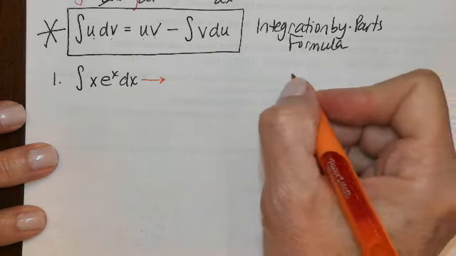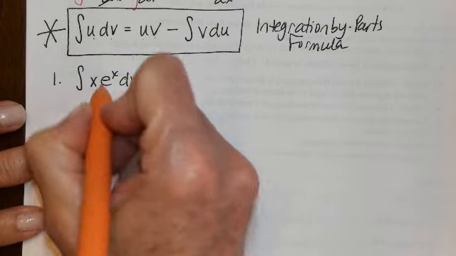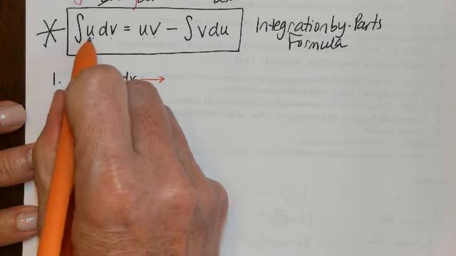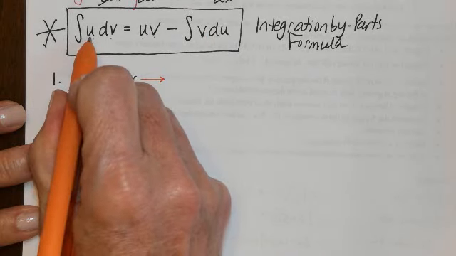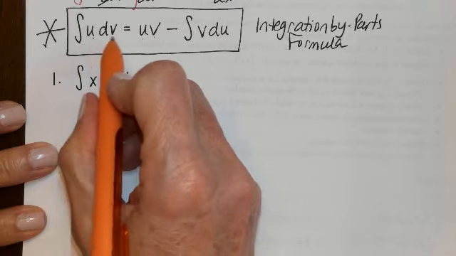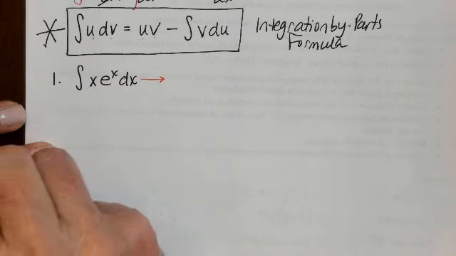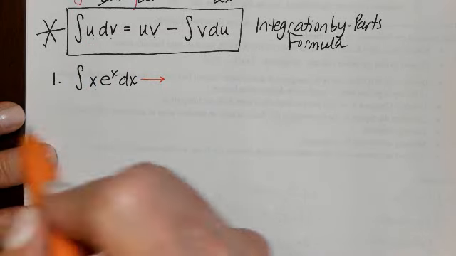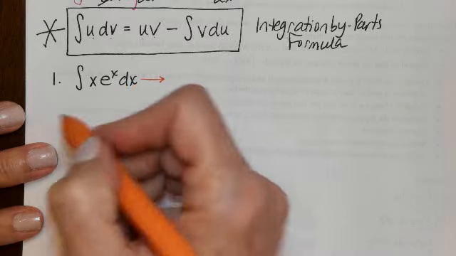All right. I need to label one of these things u, and then everything else will be part of dv. I'm going to do a couple of examples with you, and you'll see what happens here.